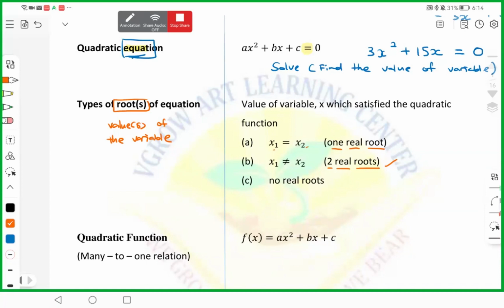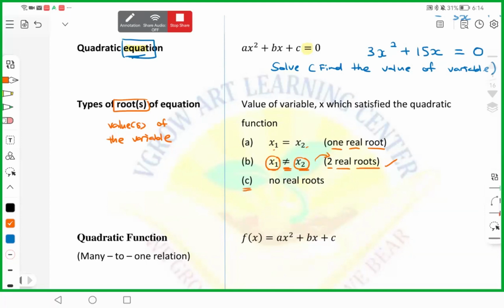That's type 1. Type 2, like all the quadratic equations just now, is two real roots. The value of x1 is not the same as x2. Hence, we got two values of x.